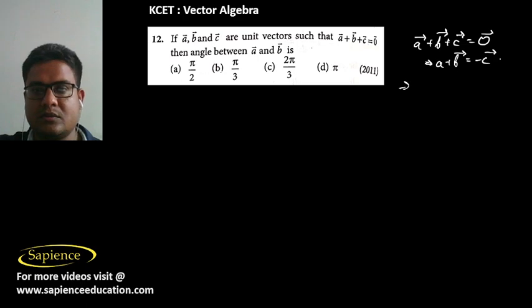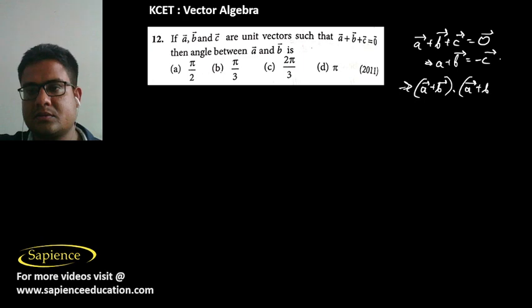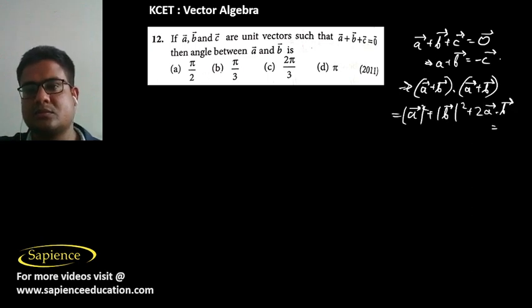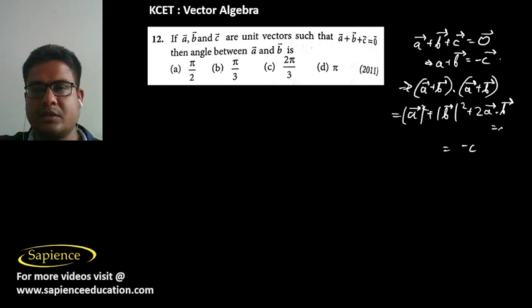Taking the dot product with itself, (a plus b) dot (a plus b) is equal to mod a square plus mod b square plus 2 a dot b, which will be equal to minus c dot minus c, that is equal to mod c square.